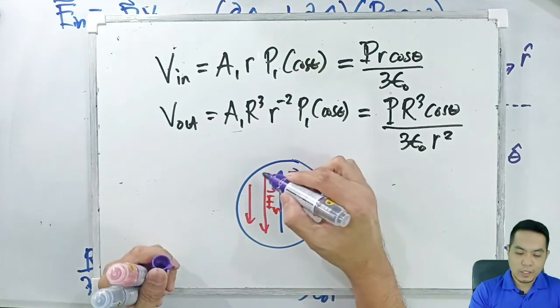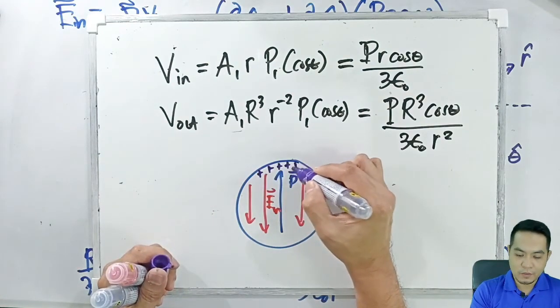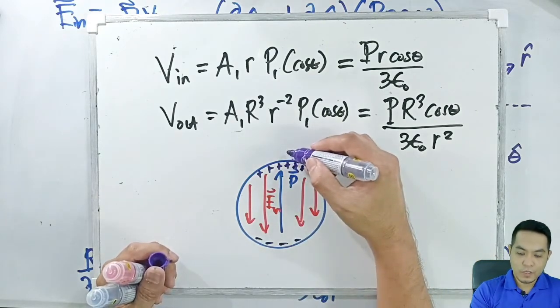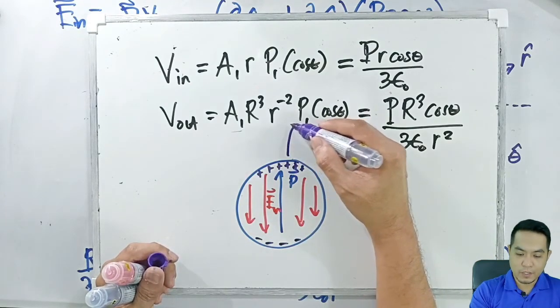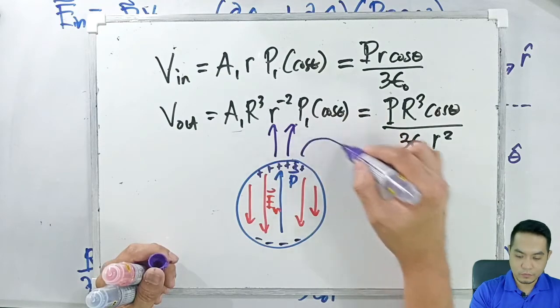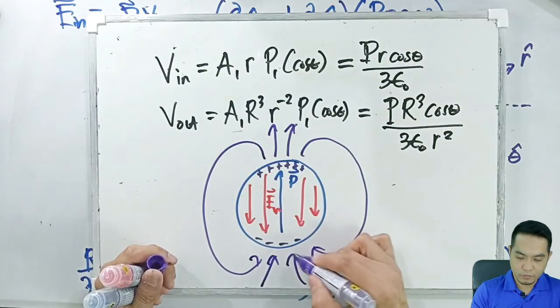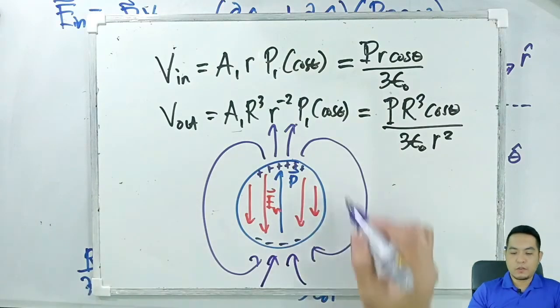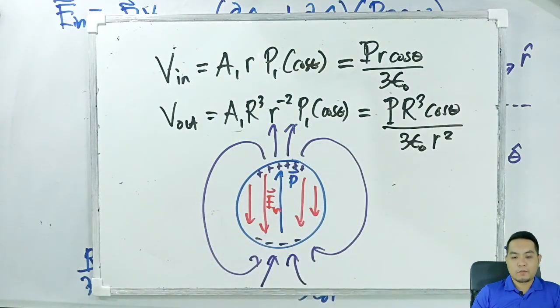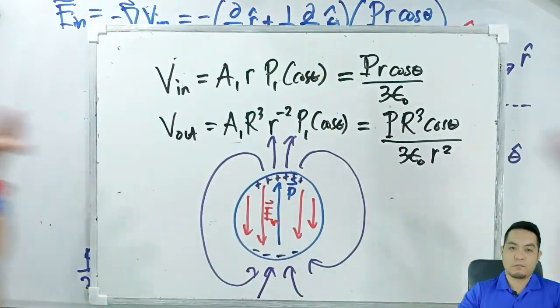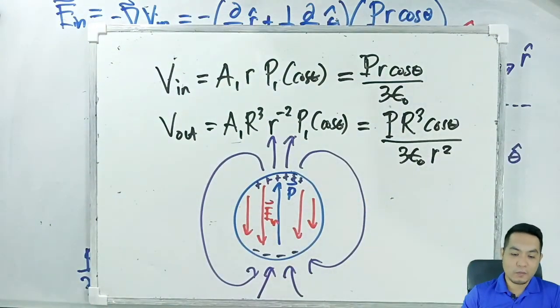Since there are positive charges here and negative charges there, the electric field of the dipole is something like this. Near the sphere, the electric field outside is the electric field of the dipole, but far from the sphere, the electric field will approach 0.